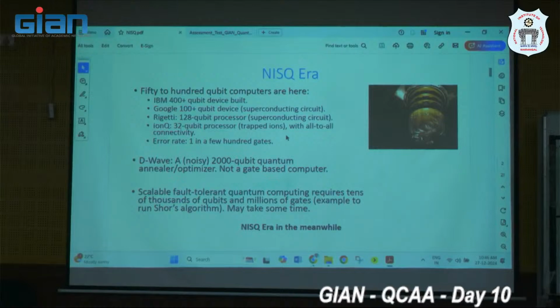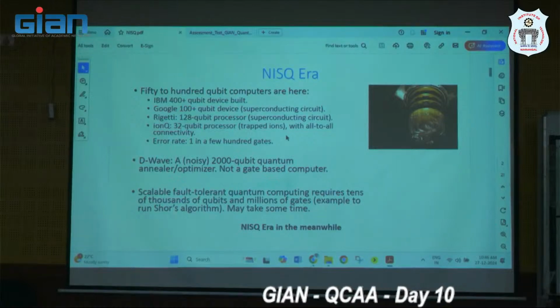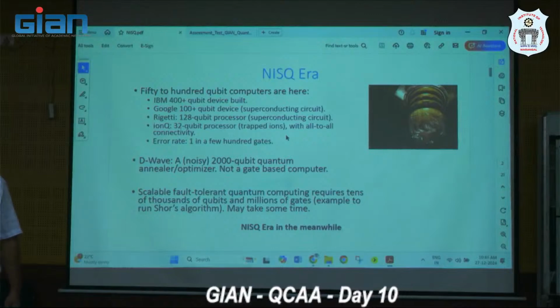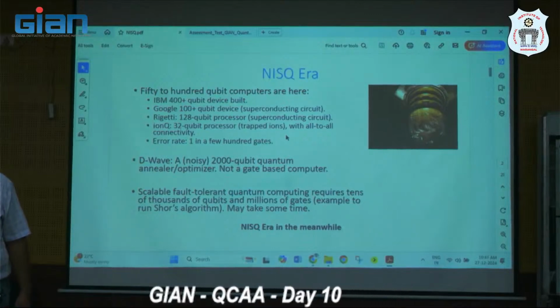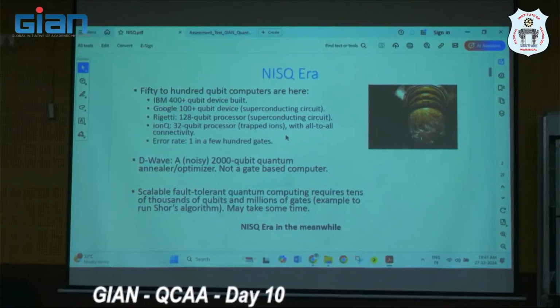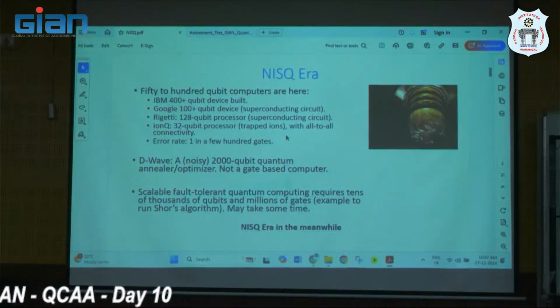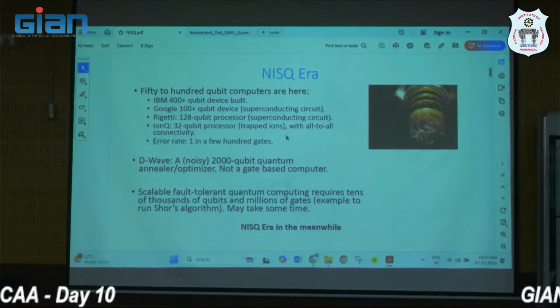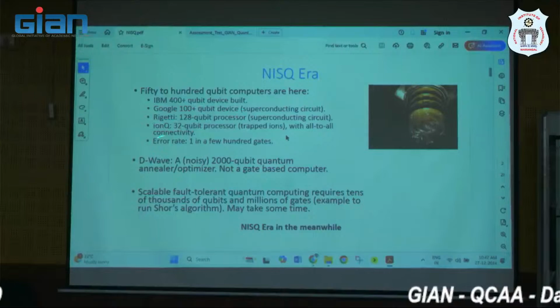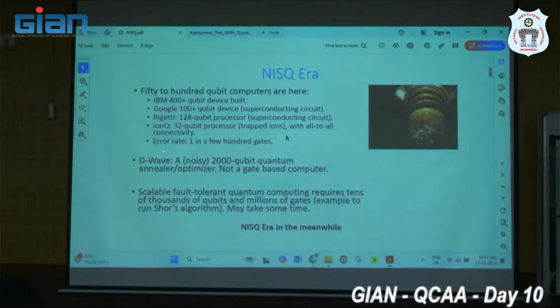That's the reason people have been making this effort for 30 years, and they have managed to reach 100 something qubits at this point, with some amount of low enough error per qubit per gate. The different companies have different kinds of things.